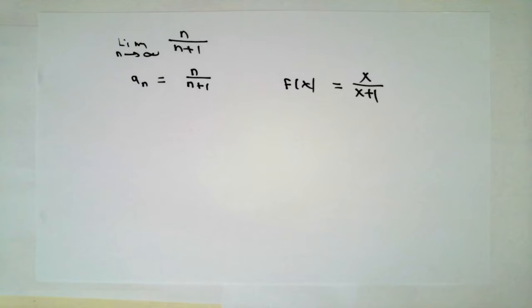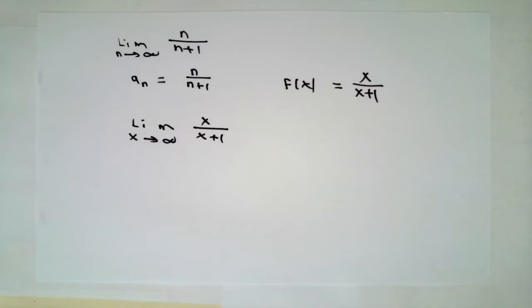Instead of looking at the limit as n tends to infinity of a_n, I'm going to look at the limit as x tends to infinity of f of x. On one level, this seems extremely silly. It looks like I'm just rewriting the same thing again, except using a different letter, using x instead of n, but that's not what's going on here.